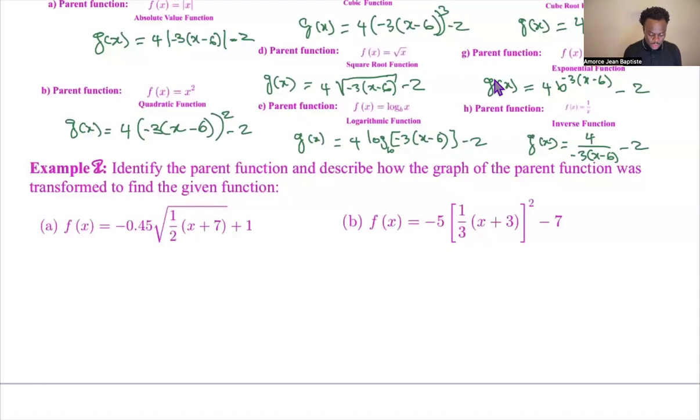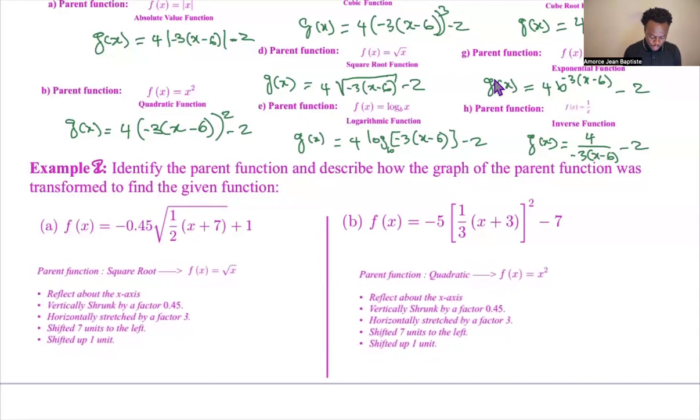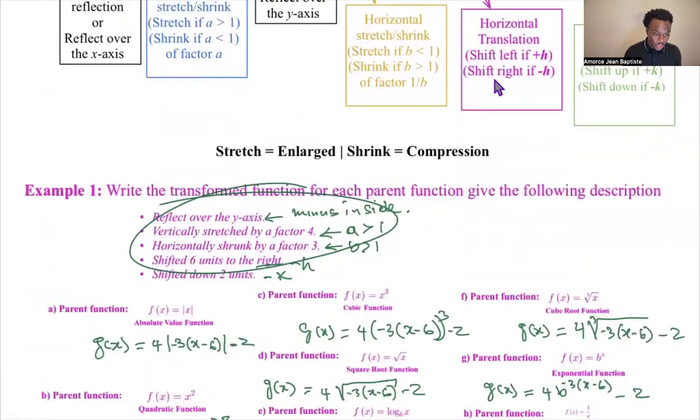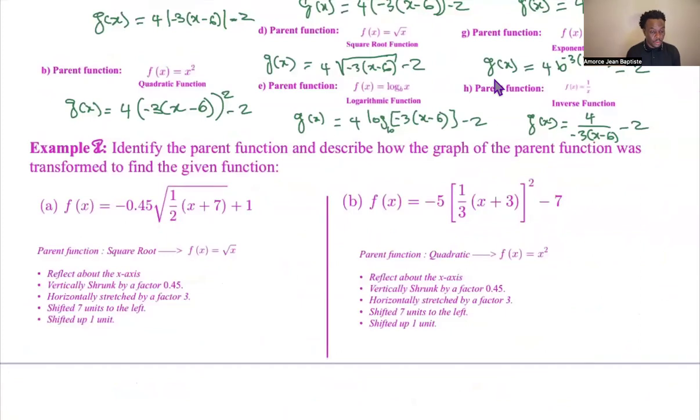So basically, that's the result that we will have. We will first identify the parents, and then we look at the chart that we have here, and then explain what transformation each of these are. The first thing we see, the minus sign on the outside means that there's a reflection in the x-axis, right?